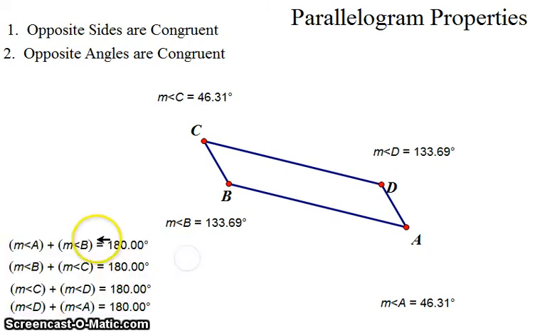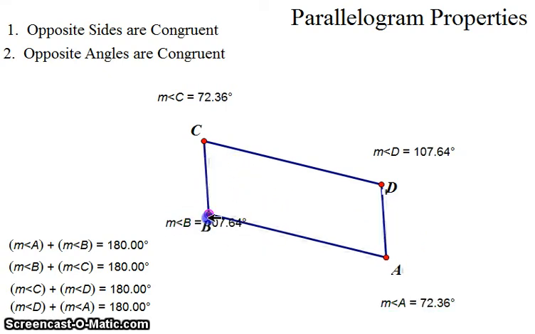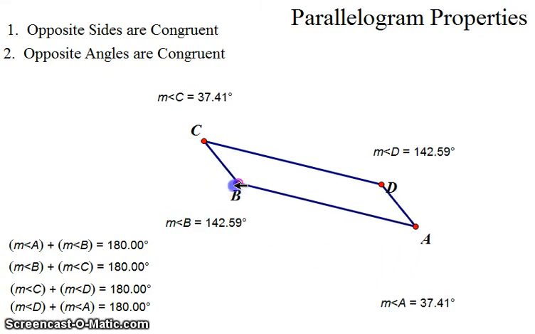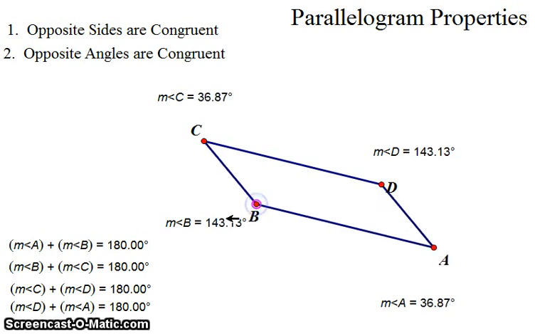Let's see. The measure of angle A plus B adds up to 180 degrees. So that means angles A and B are supplementary. So no matter how I change the parallelogram and the parallelogram's angles, adjacent angles are supplementary.